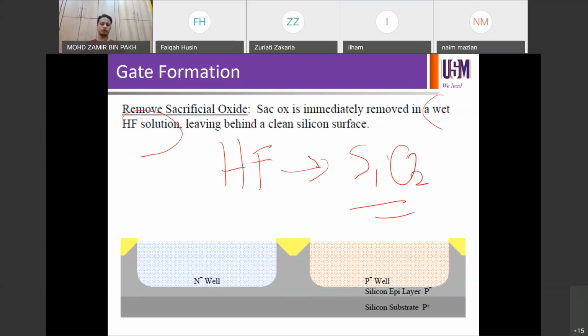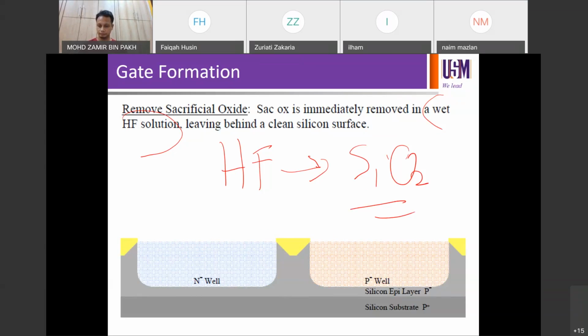So for this wet etch process, is it isotropic or anisotropic? ISO or aniso? HF? One direction or all directions? With equal etch rates?